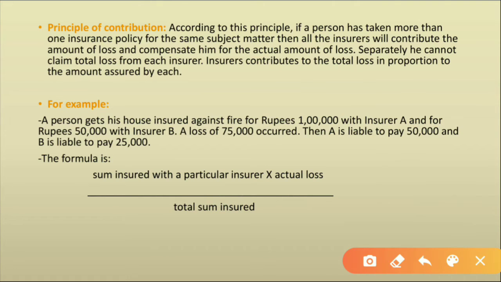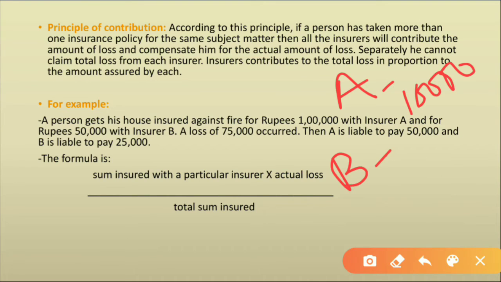Now how is the amount calculated? Sum insured with a particular insurer into actual loss, divided by total sum insured. For example, let us calculate how much A should pay and how much B should pay. Sum insured with A, how much insurance he has taken in company A? 1 lakh.